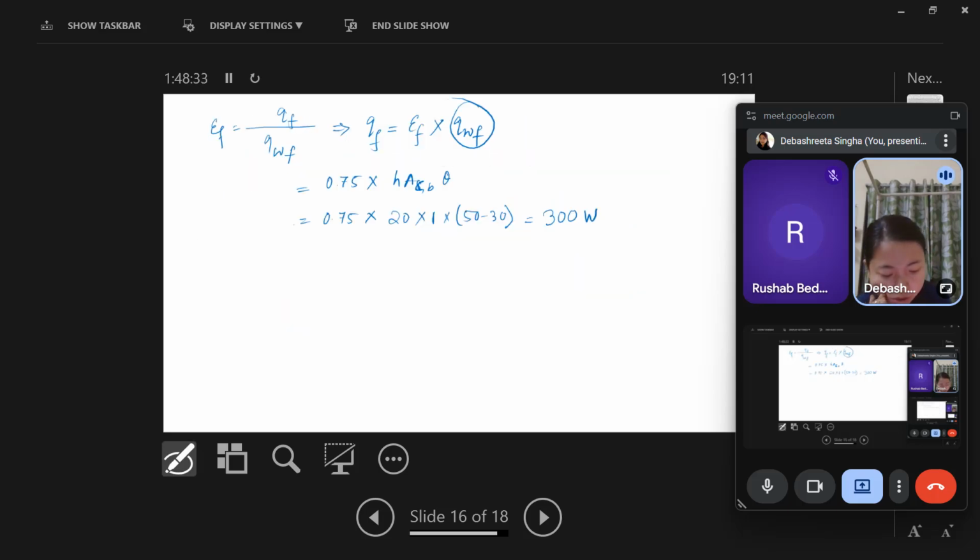That means this one you need to find out. How much is it coming? 300 divided by 0.75. 400 watt.